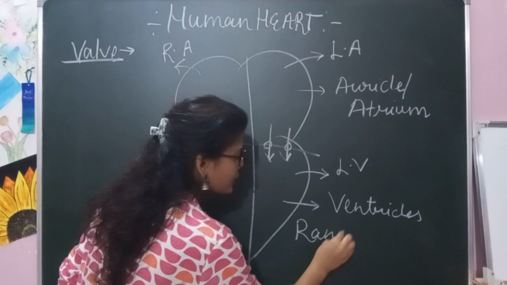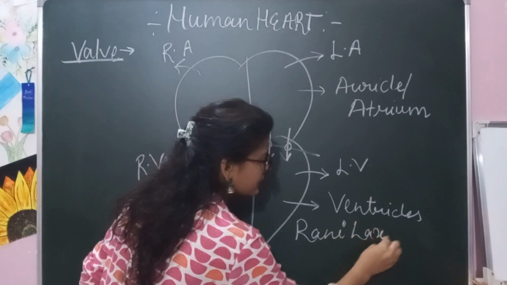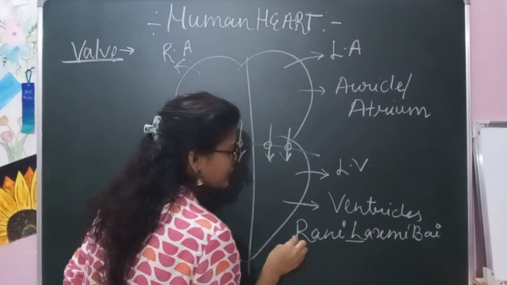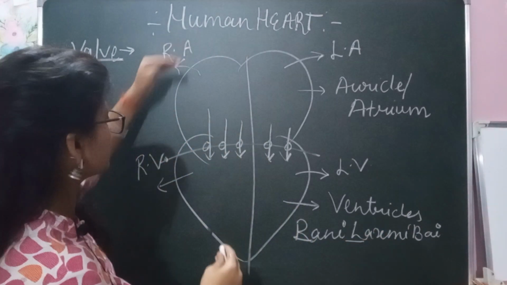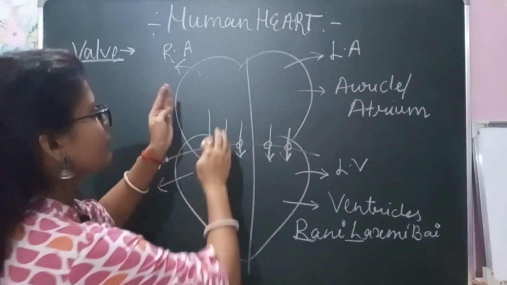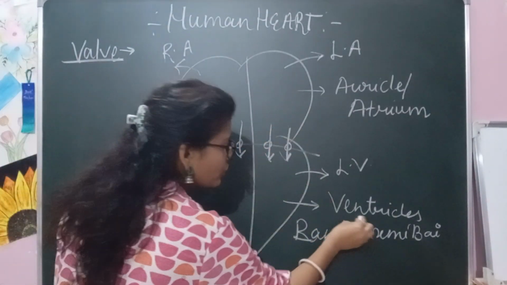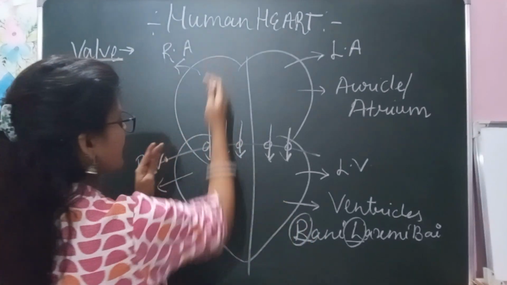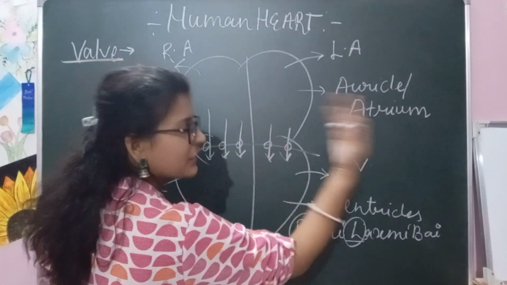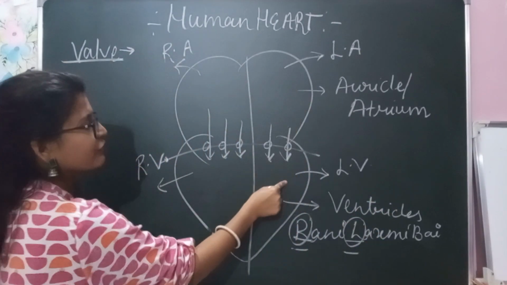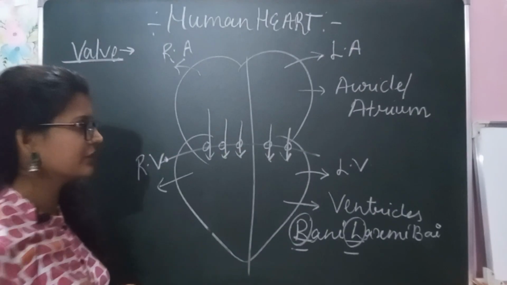R for right, L for left. If you have any confusion about right and left, you can overcome it with Rani Lakshmi Bai. Clear? R and L. So left auricle, left ventricle, right auricle and right ventricle.